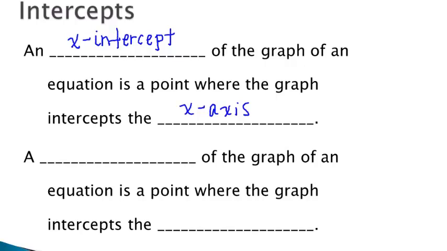Similarly, a y-intercept of the graph of an equation is a point where the graph intercepts the y-axis.